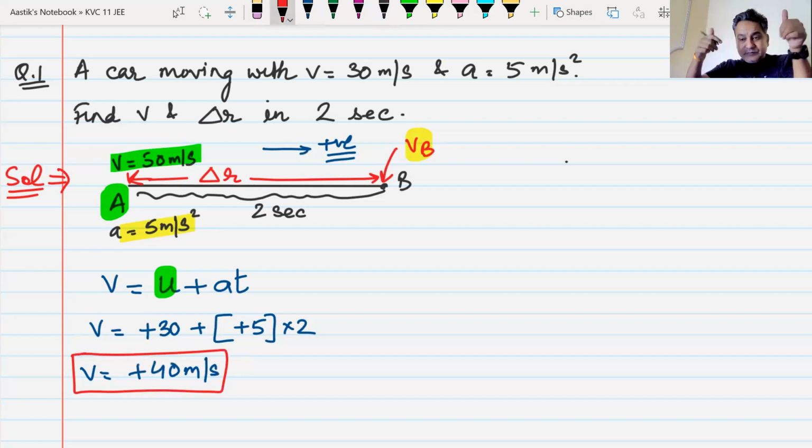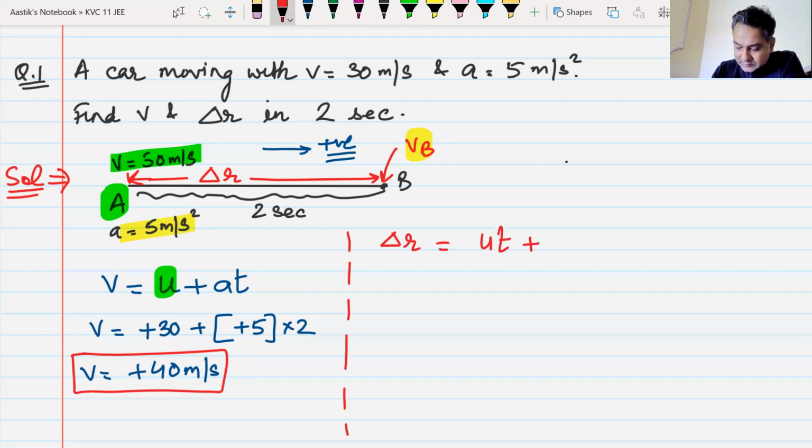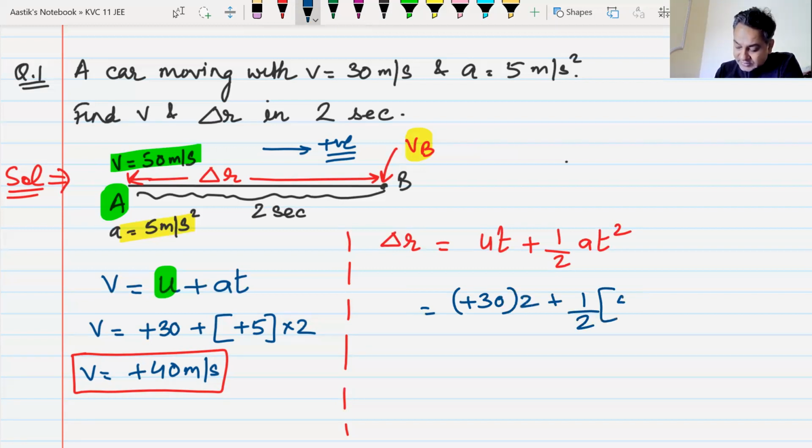Then I can use the second equation, delta R is equal to ut plus half at square. It is very simple. I will just put the values. U is plus 30 multiplied by t, 2, plus half of acceleration, plus 5, into 2 square.